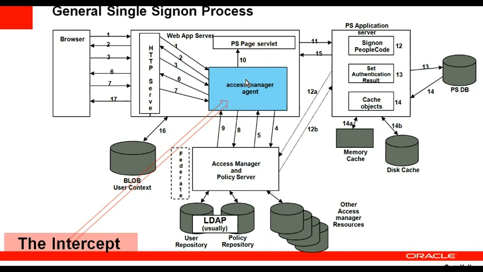But again, what PeopleSoft is doing in this case is trusting the fact that the access management system has already validated the user, because at this point, the only thing that gets passed into PeopleSoft is the user ID. And that user ID is checked against PSOPRDEFN to see if that user is a valid user in PeopleSoft. So PeopleSoft at that stage is not doing any other validation of that user other than the fact that that user ID exists in PSOPRDEFN. All of the trust has been devolved out to the access management system.